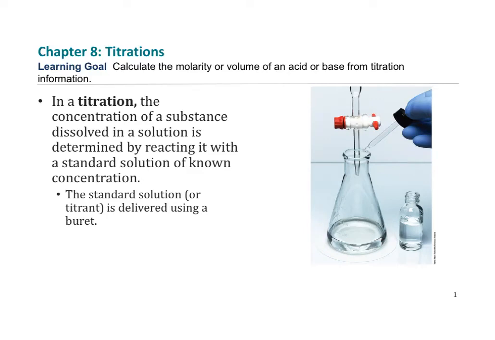This is a very short video on acid-base titrations and how to calculate the unknown concentration, in molarity, of an acid or base. So in a titration, you have an unknown substance. Well, you typically know what the substance is, but it contains an acid or a base with a concentration that is unknown.